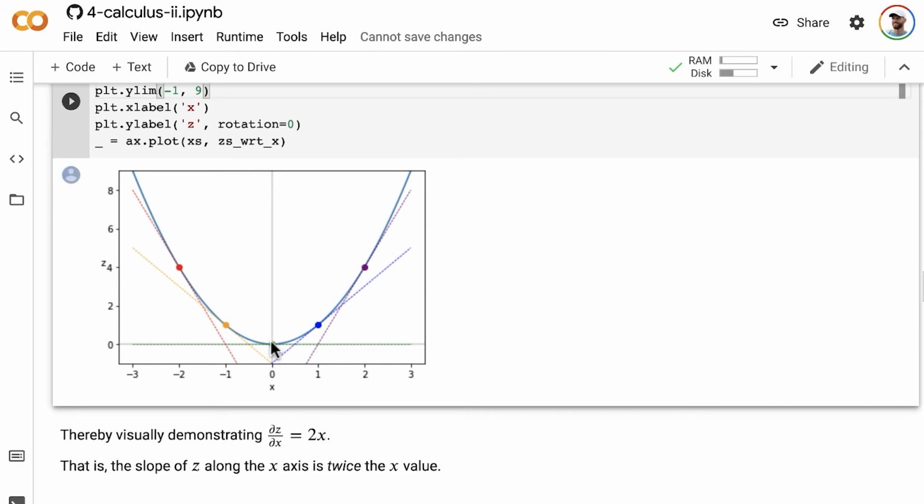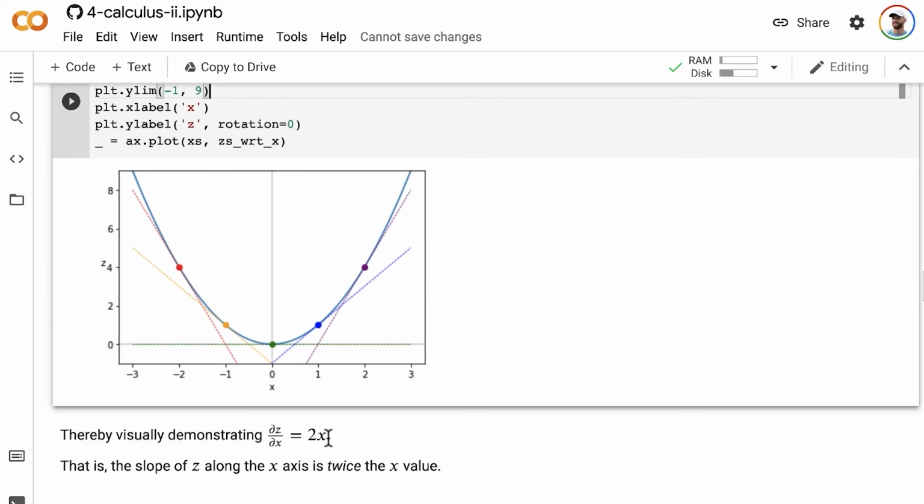If x is equal to 0, then we have a slope of 0. It's flat. If x becomes a positive value, then we have a positive slope between z and x. And if x is equal to 1, then the slope is equal to 2. If x is equal to 2, then the slope is equal to 4, because the slope is twice whatever the x value is, 2x. Nice.